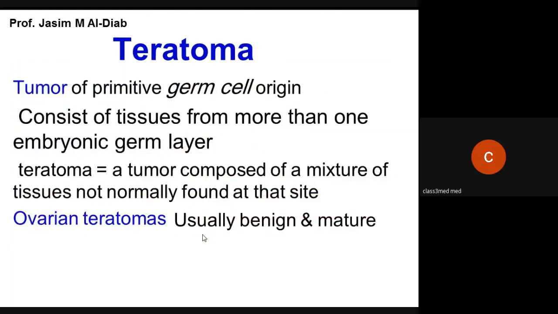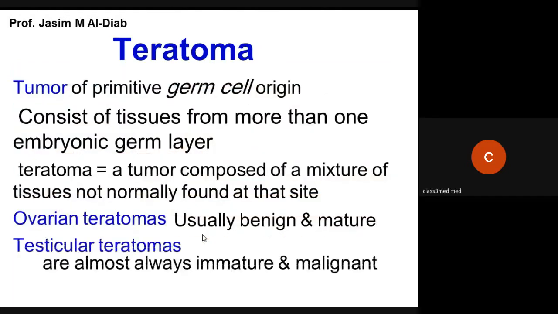Another site for the teratoma is the testis. Teratoma in the testes, particularly in adults after puberty, is usually immature teratoma, composed of immature tissues, and it behaves as malignant.